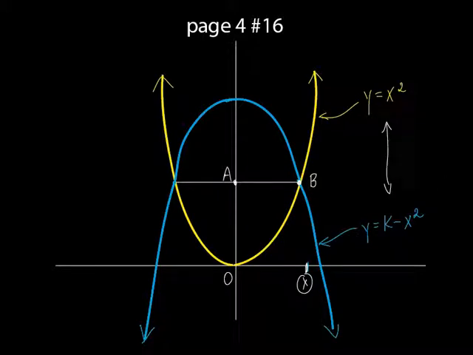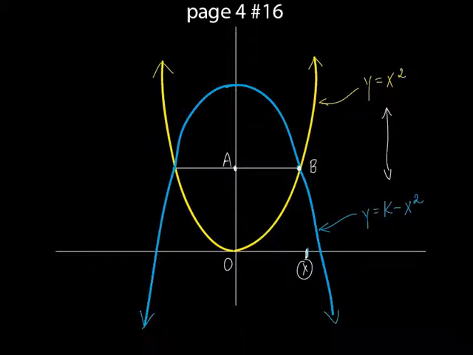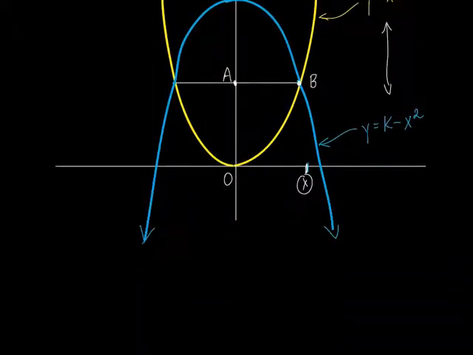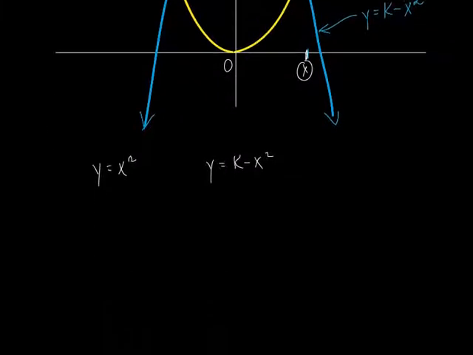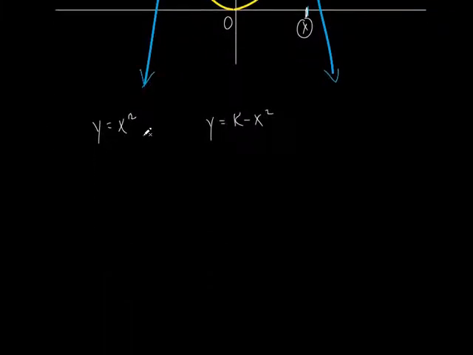So hopefully, now you can go back and look at that picture again, but I just have to scroll down and give myself some room here. Let's write the equations down again. So it's y equals x squared and y equals k minus x squared. Now we are going to try to solve for x.